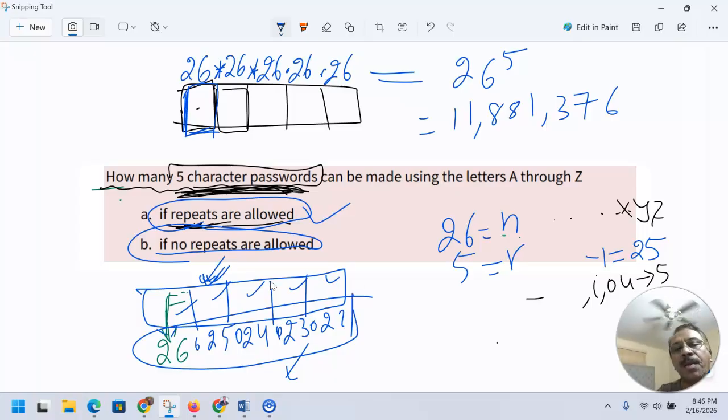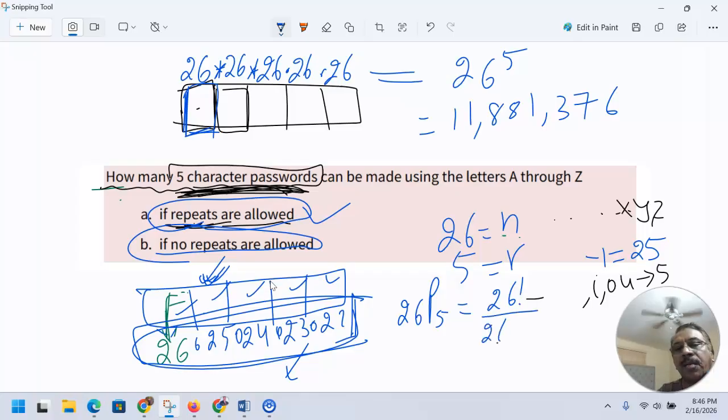So the total number of permutations possible, or different ways you can create this password, is 26P5, which is 26 factorial divided by 26 minus 5 factorial. Then you can write 26, 25, and because this will be 21, I can go all the way like this.